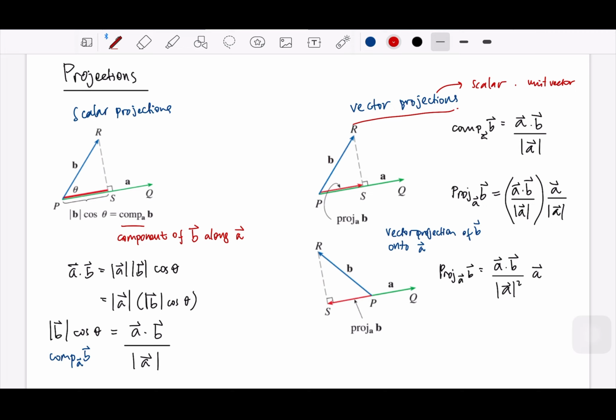Then the vector projection means that you multiply this scalar value with the unit vector of A. Then this formula means the scalar multiplied by the unit vector A. I hope it's easy to visualize.